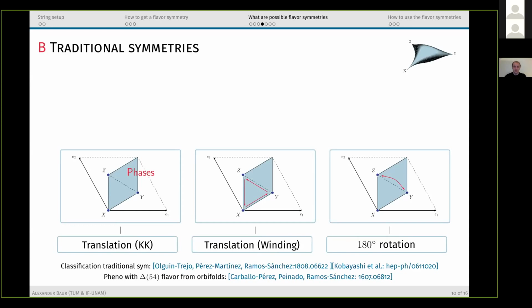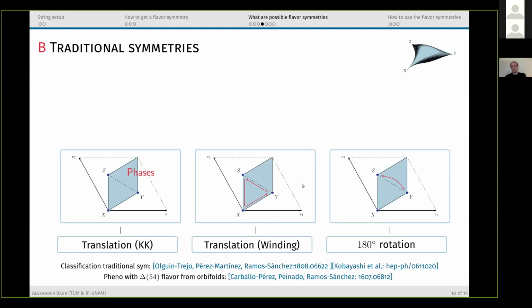And we can look at how our strings act. So if we do this translation in the Kaluza-Klein number, what happens to our string states? We will see that those X, Y, and Z string states will just get phases. Here we see that they will get interchanged into one another as well.